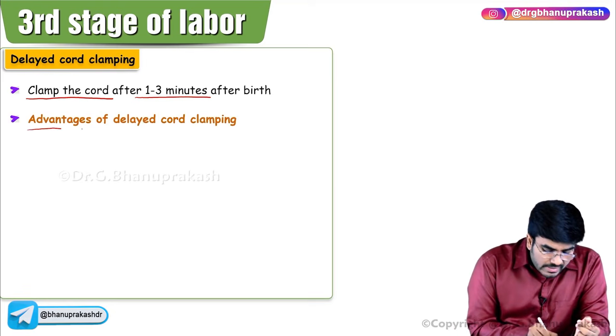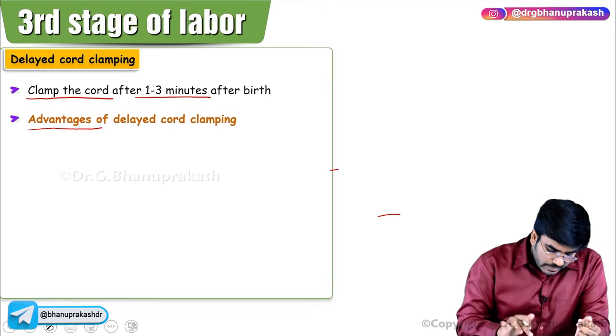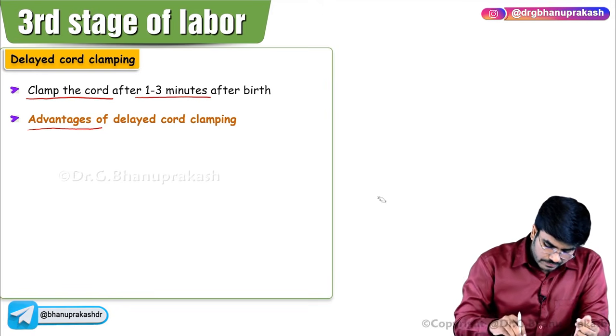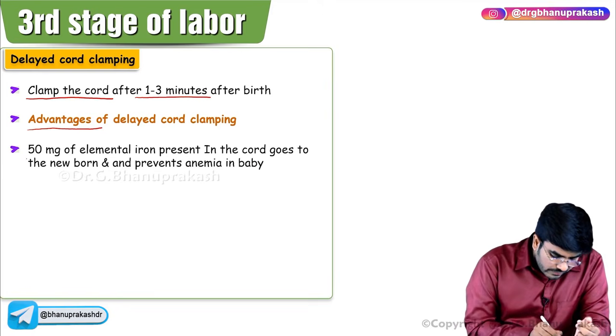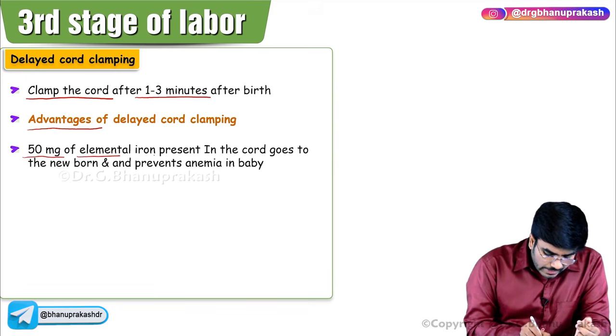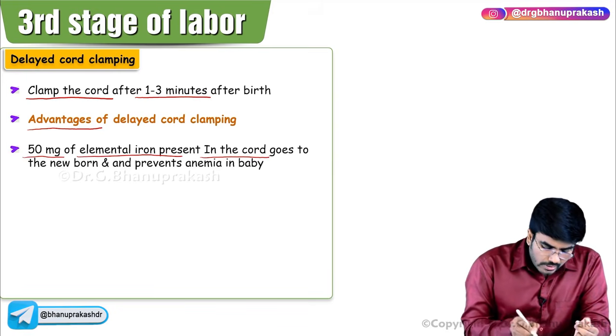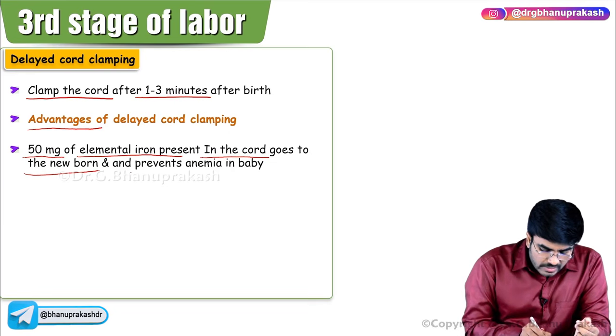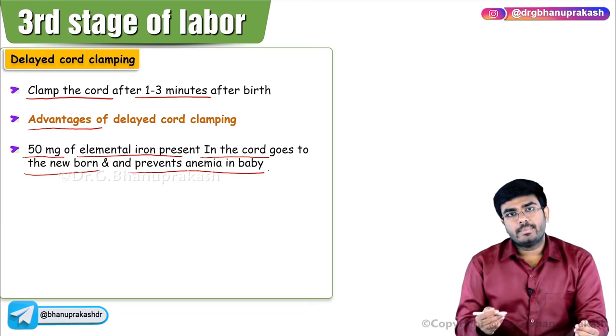So what is the advantage, guys? Please concentrate. The advantage is that 50 milligram of elemental iron present in the cord goes to the newborn, which prevents anemia in the baby.